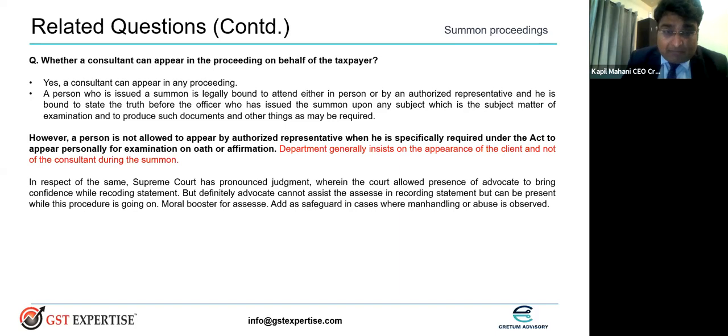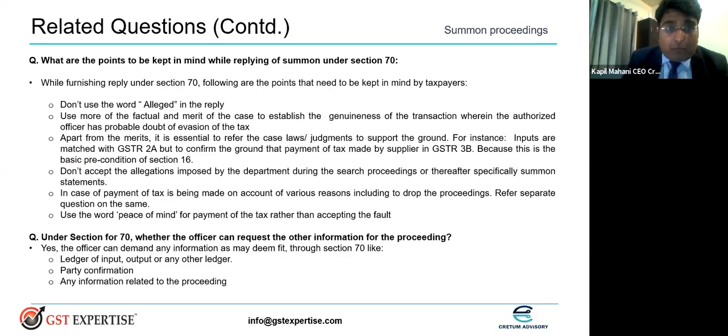We will also discuss the arrest provisions in the next slides, and that is very important for every professional to understand. What is important to keep in mind while replying to a section 70 summons is that you should use the word alleged in the reply, use more of the factual position and merits to distinguish. Apart from merits, it is essential to refer to case law judgments. Don't accept the allegation until you actually want to accept.